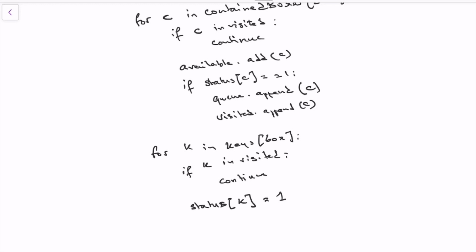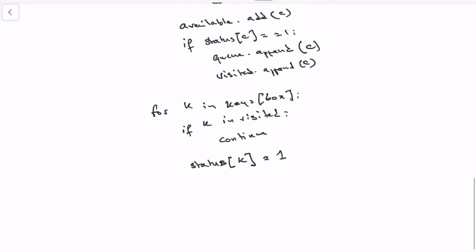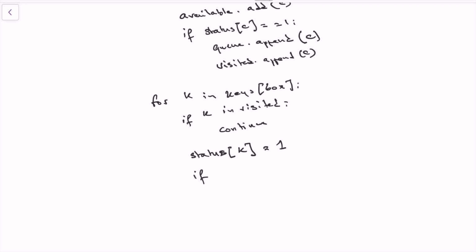But if I now have the key and I opened it and it's available, that means it's ready to be processed, so I add it to the queue. And so I do if k in available, right? So that means it's ready to be processed. So I do the same thing that I did here, which is add it to the queue and add it to the visited set so that I don't re-add it to the queue again, right?